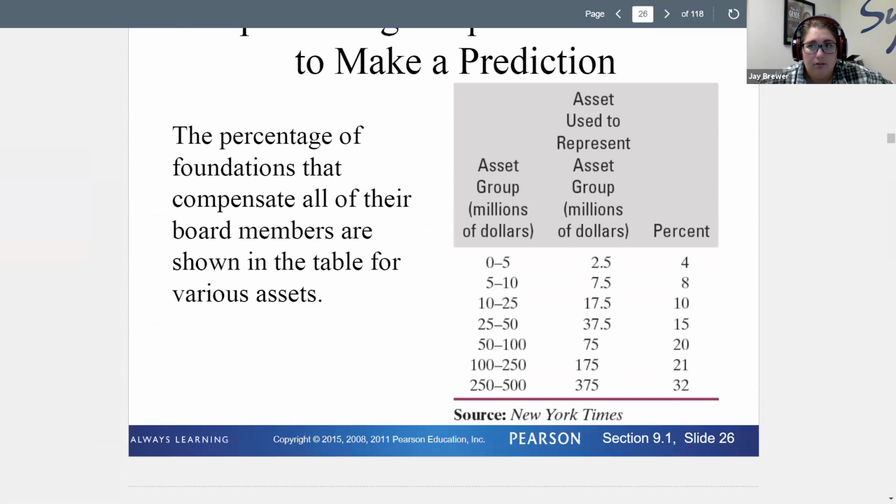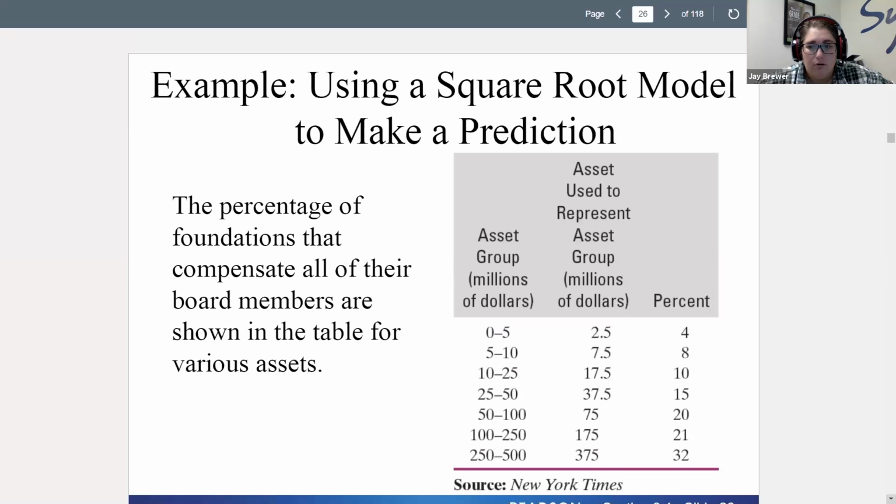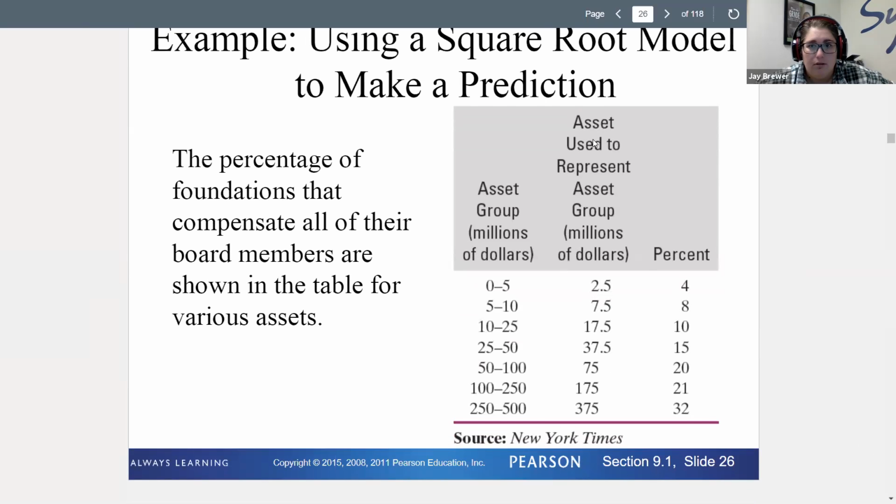All right, so we're going to use the following information to make a prediction. The percentage of foundations that compensate all of their board members are shown in the table for various assets: asset group in millions of dollars, asset used to represent the asset group, and percent. They apparently got this from the New York Times.